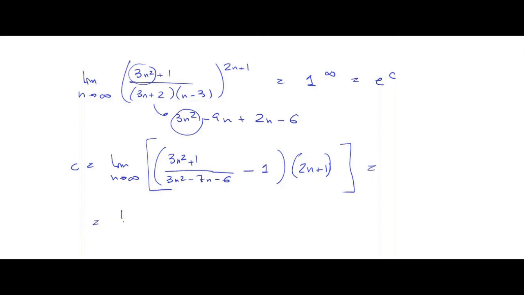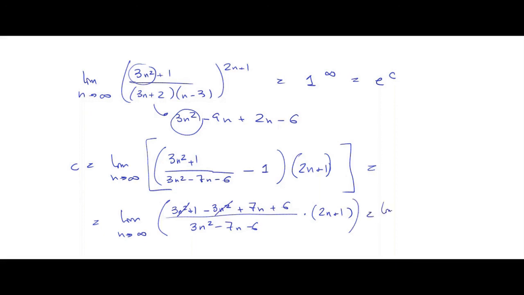So we have the limit when n goes to infinity of 3n squared plus 1 minus 3n squared plus 7n plus 6, over 3n squared minus 7n minus 6, times 2n plus 1. The 3n squared and 3n squared cancel each other out, so then you have 7n plus 7, so 7 times n plus 1, times 2n plus 1, over 3n squared minus 7n minus 6.